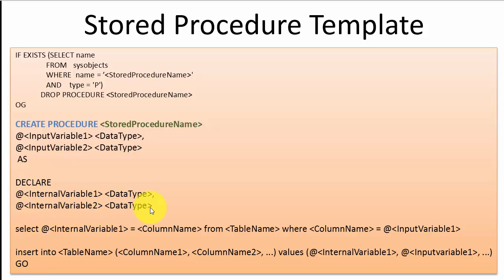We can have one or more internal variables, and we can have some SQL code here. In this case, based on the input variable, we can get a value inside the internal variable like this, and based on this information we can insert some data in one or more tables.